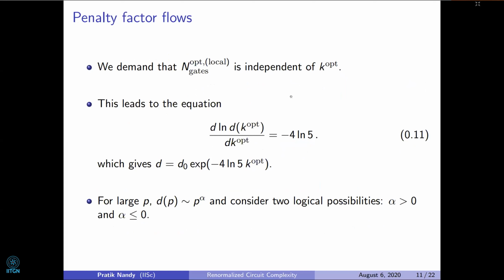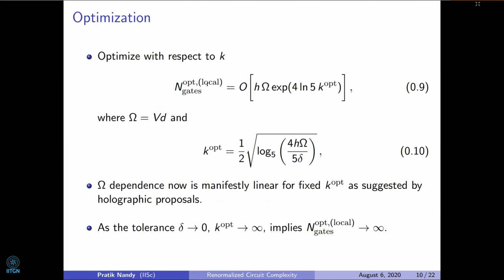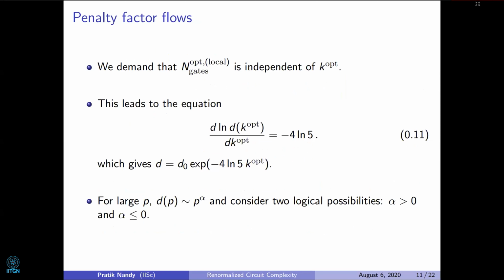So we demand this, and if we differentiate with respect to k optimal, this leads to this equation. There's a d. In fact, what was previously taken as a constant is actually a function of this k optimal. A simple solution is an exponential function of d, and this will lead to a constant total number of gates.